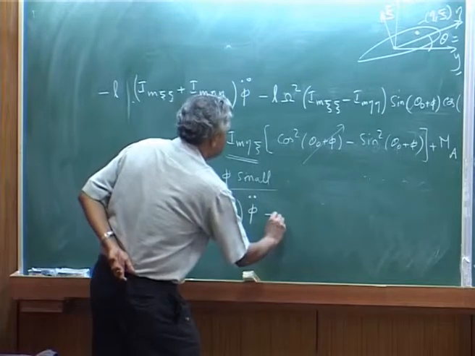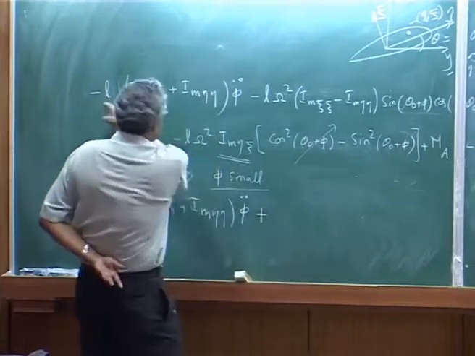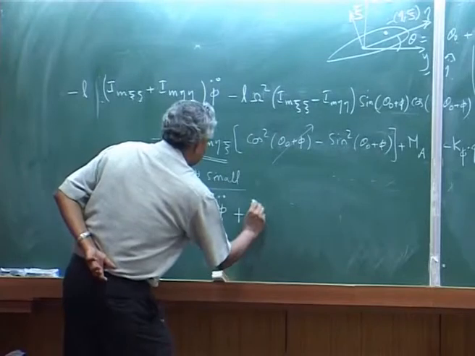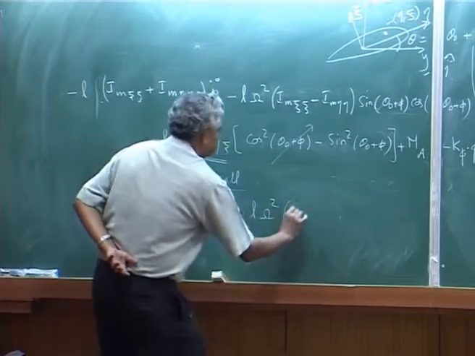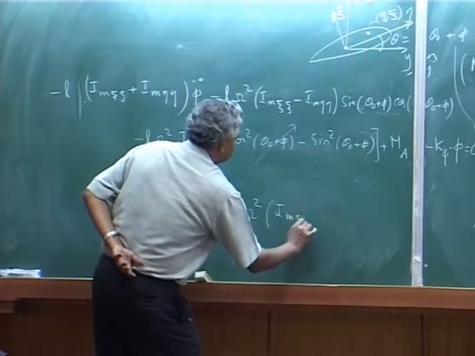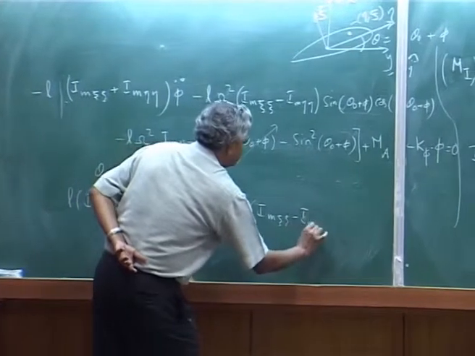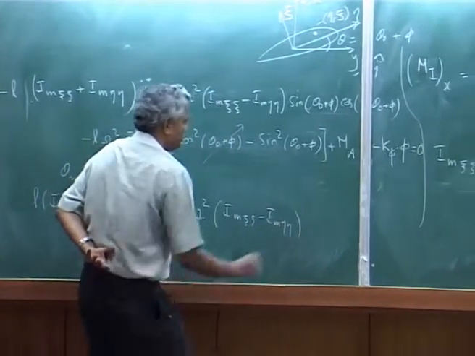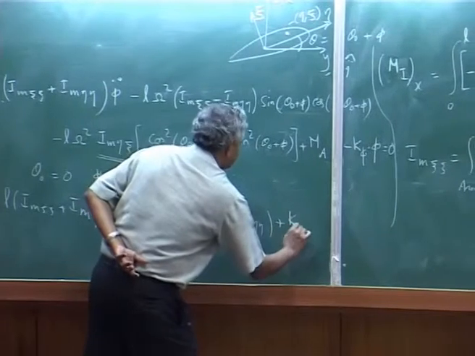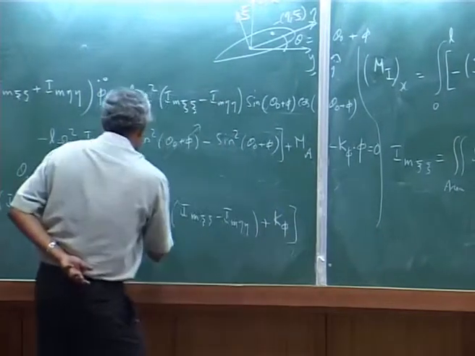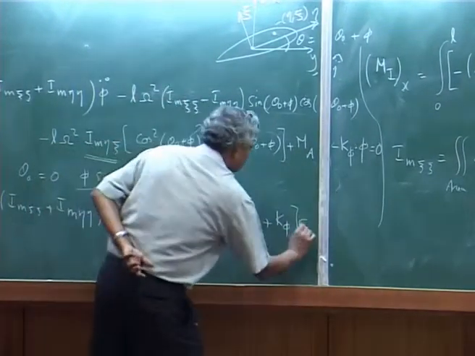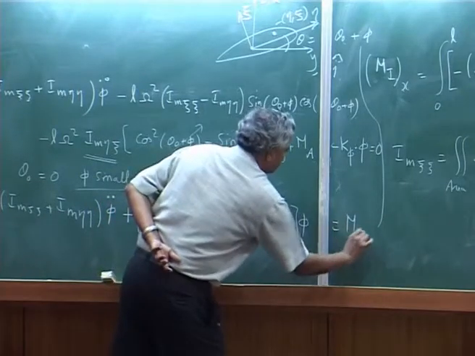Okay, then I am changing the sign, plus L omega square I m psi minus I m eta eta plus k phi equals aerodynamic moment.